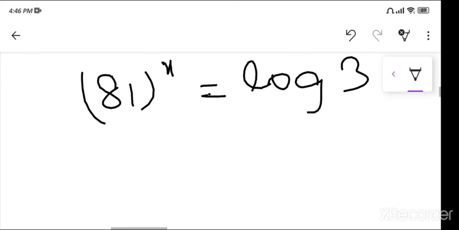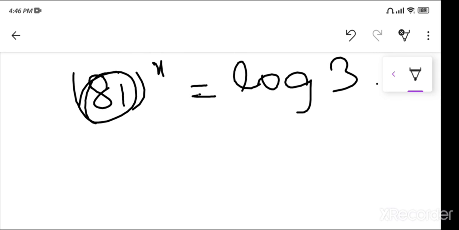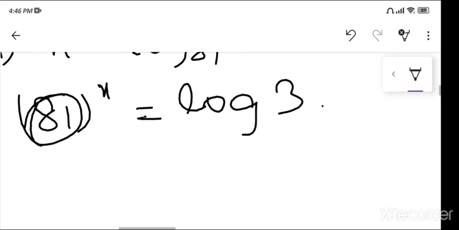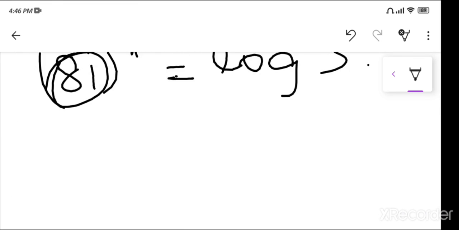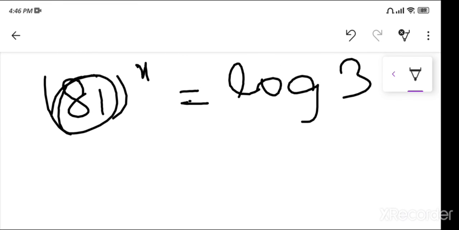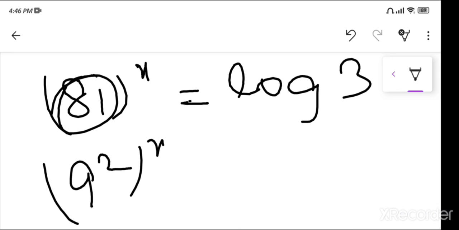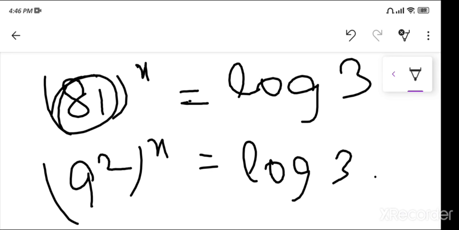Now same thing, you need to convert this into a perfect cube, square, or any power. But remember, the thing which you're converting needs to be the same. Let me show you. 81, you can even write as 9 square whole power x.